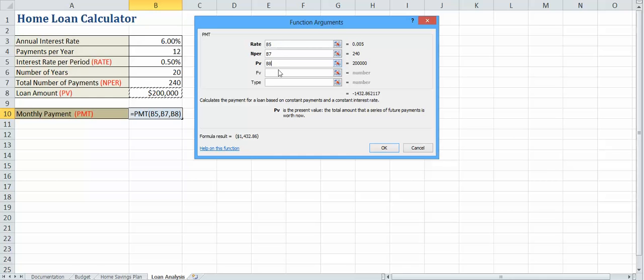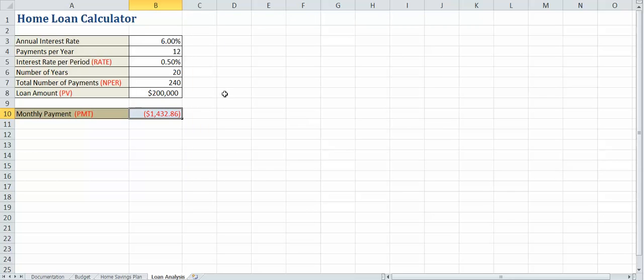So now I have all of the required arguments for this formula, so I'm going to go ahead and click OK. And there I have my monthly payment for a $200,000 loan for 20 years at 6% in interest.